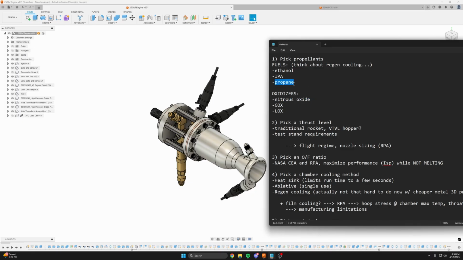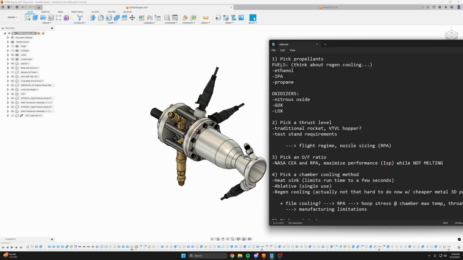So it doesn't have the nice self-pressurizing property that nitrous oxide has, or it does, but it doesn't get you to a good pressure, only like 200 psi or something in that range at room temperature. So you probably still have to pressurize it with some inert gas, just like you would with any of the other propellants.